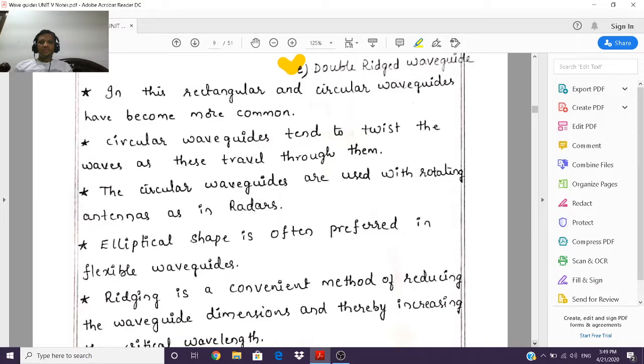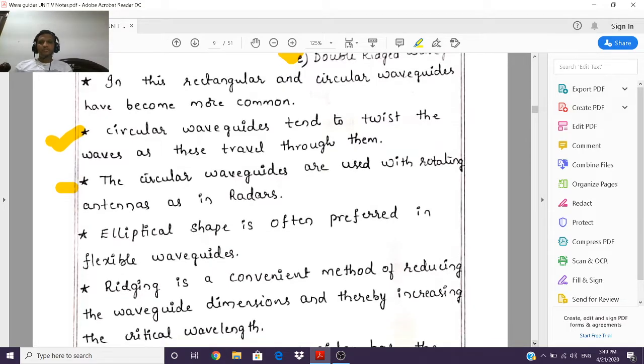And circular waveguides tend to twist the waves as they travel through them. Because the waveguide shape itself is like a circle, once the wave enters into it, sometimes the waves will be twisted and will be propagating through them. The circular waveguides are used with rotating antennas as in radar. So the main application of circular waveguides is in radars.